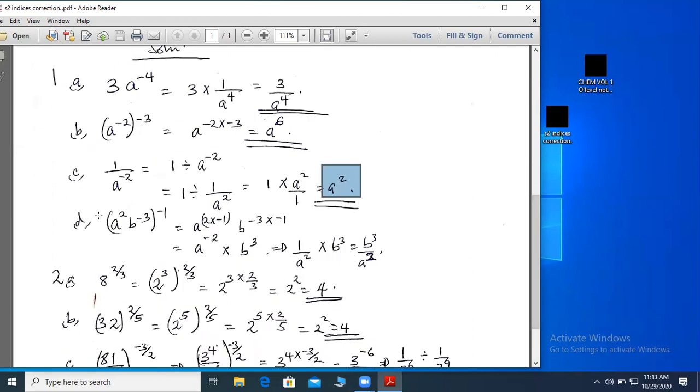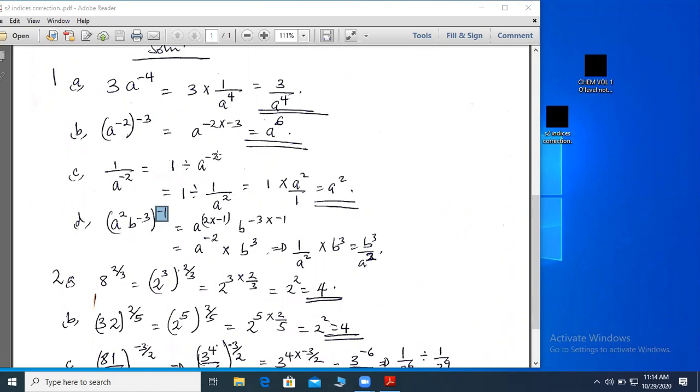Part D, I had given you a to the power 2, then b to the power negative 3, remember, and all of them had a power of -1. The best thing to do was to multiply this power of -1, put it inside and multiply by the powers inside, because when you have two powers on a base, you just multiply the two powers.